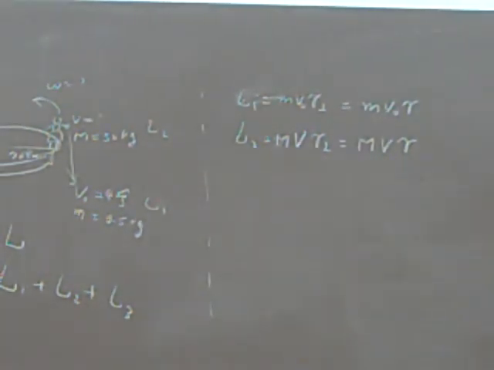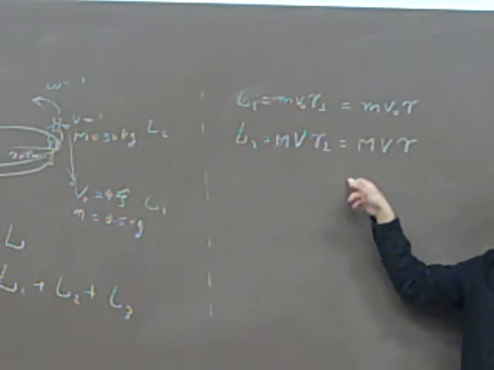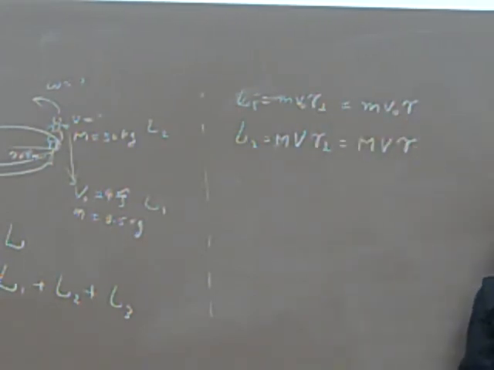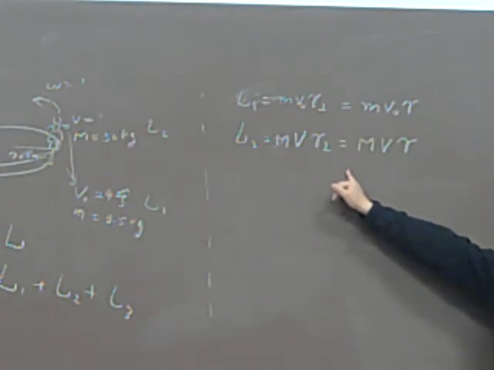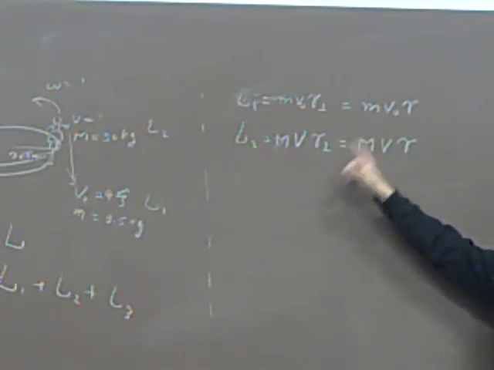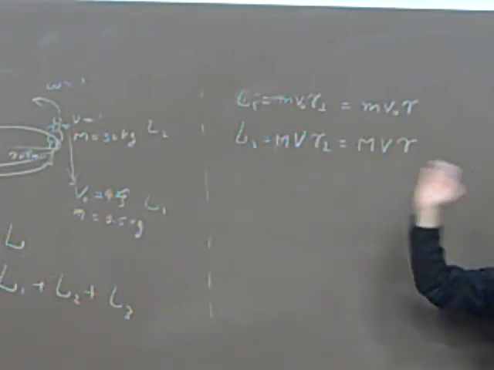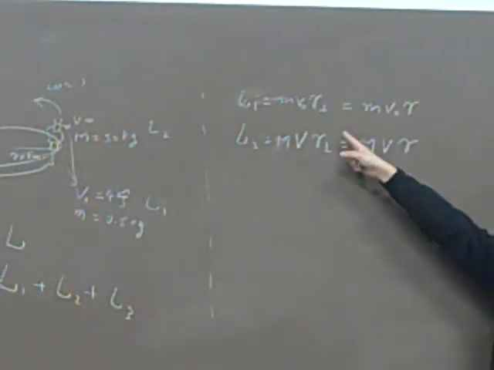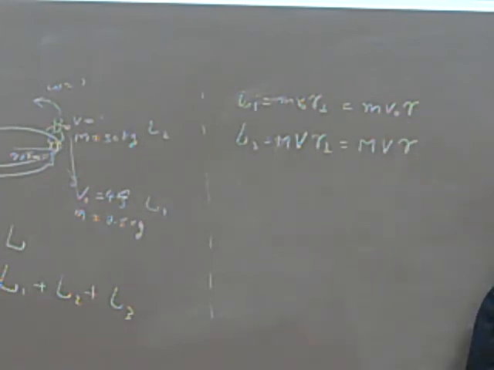Please note that I always write down r perpendicular first, and then write it as r, even in this case where r perpendicular is exactly the same as r. Try to keep this habit, because in some other problems, r perpendicular may not be the same as r. It gives you a step to think about. You need to determine if r perpendicular equals r, or maybe r multiplied by sine theta, or r multiplied by cosine theta, something like that.